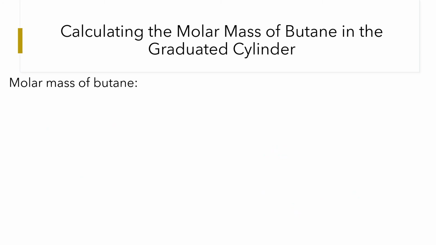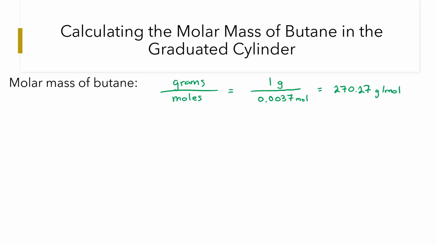To calculate the molar mass of butane, reminding y'all that the equation is grams divided by moles. So I had grams, 1 gram, and then the moles I just calculated. And when I do, I get 270.27 grams per mole.